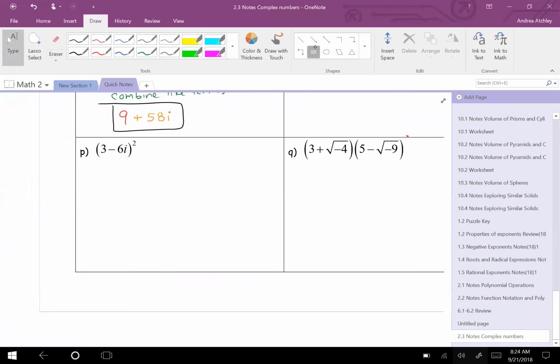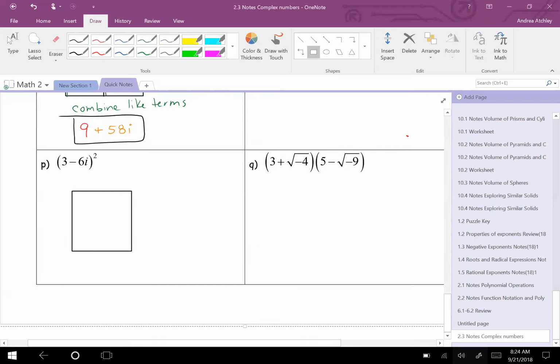Next one, we're going to do our box again. Because this is squared, I have two of them. So I have 3 minus 6i and 3 minus 6i.